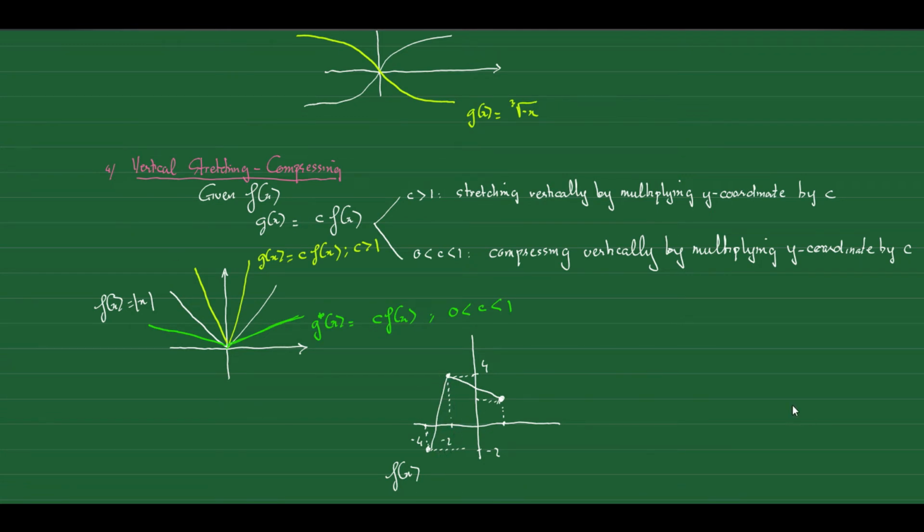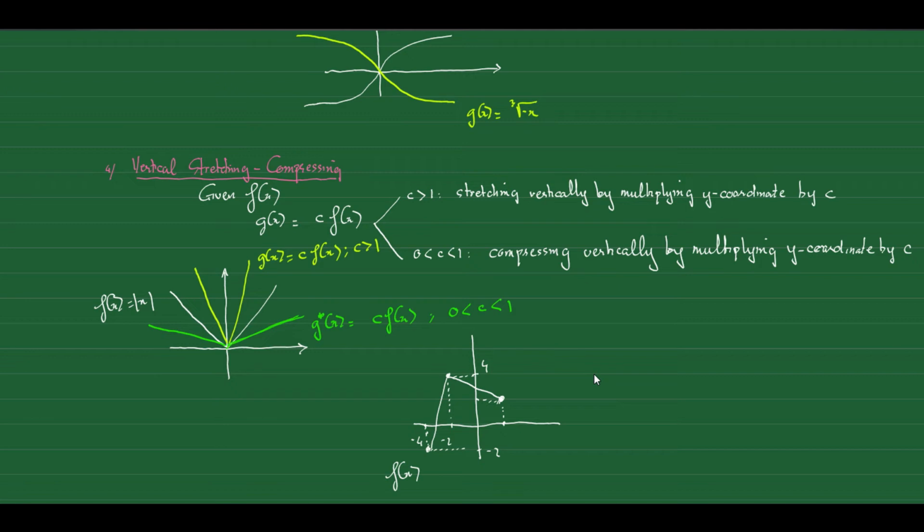Now, what if I want to transform this? What if I want to transform this by stretching vertically? Okay. What if I transform by the factor of 2? What if I want to multiply f of x by 2?